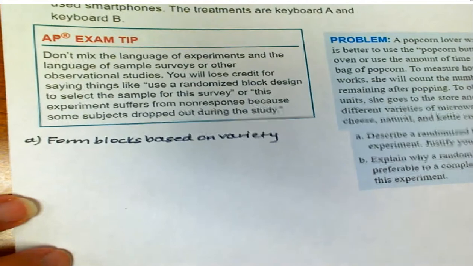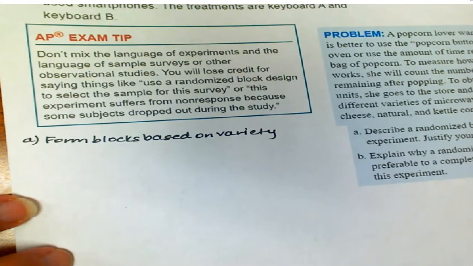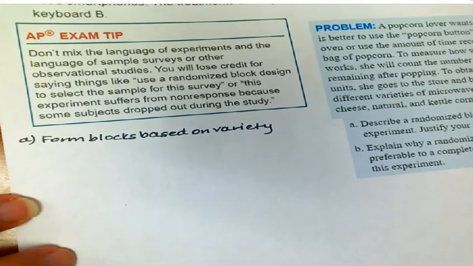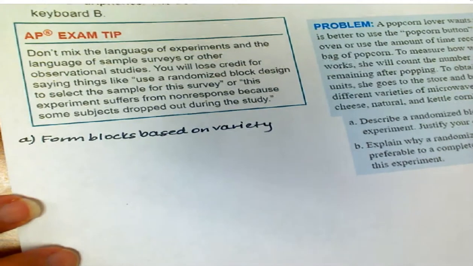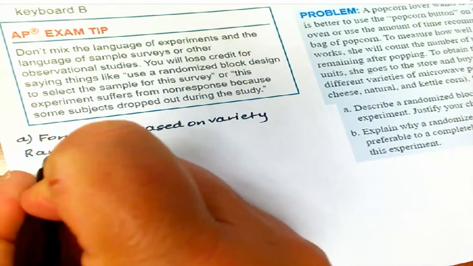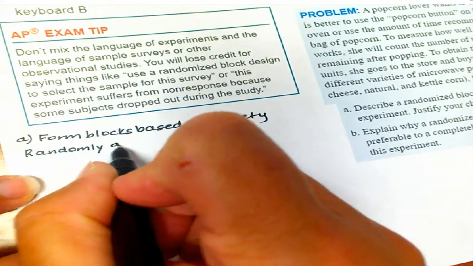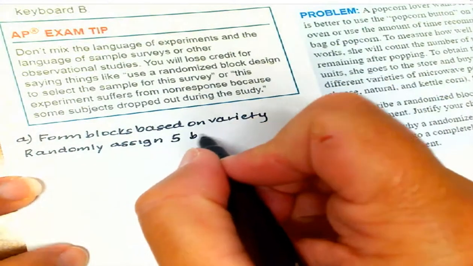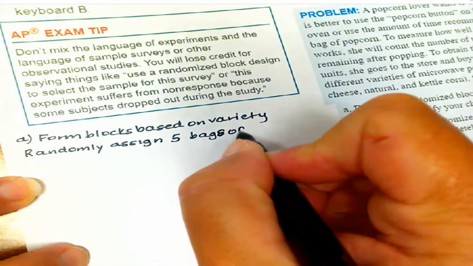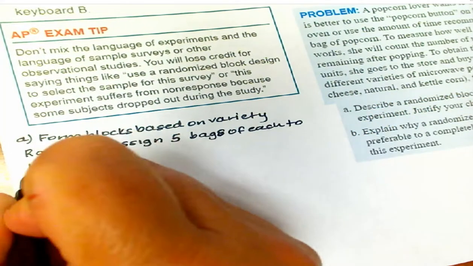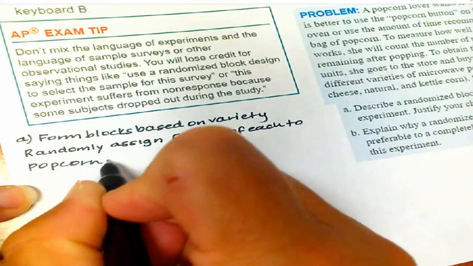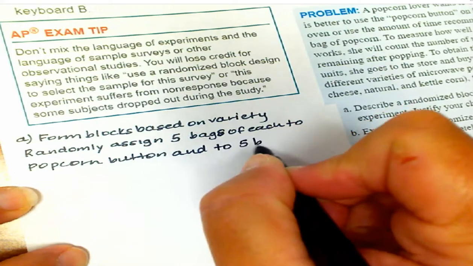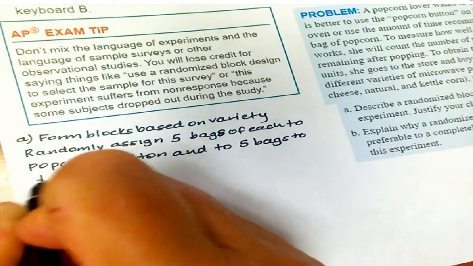Randomly assign 5 bags of each variety to the popcorn button treatment, and the other 5 to the timed treatment. Okay, so we're going to randomly assign 5 bags of each to popcorn button and 5 bags to time.